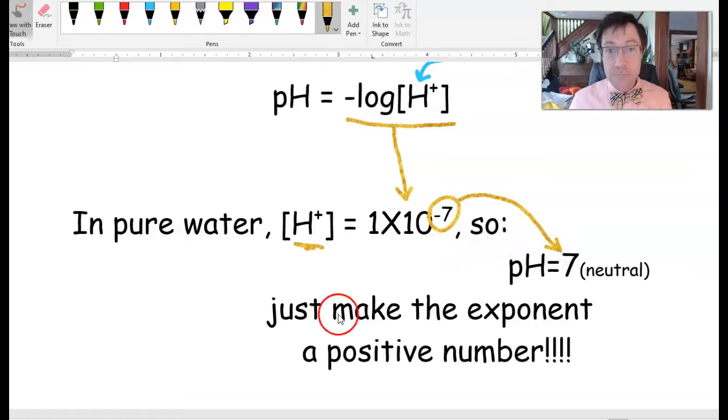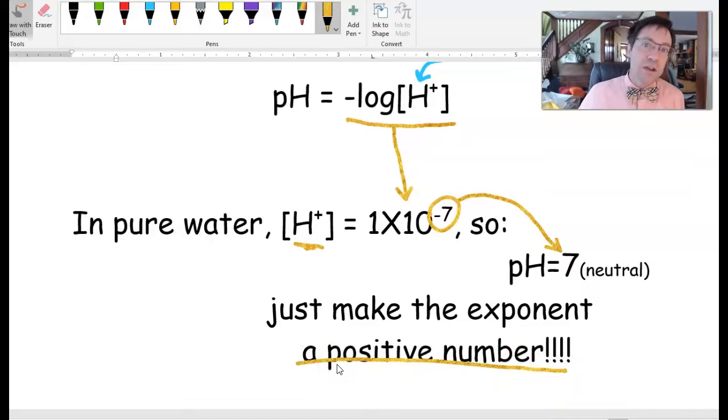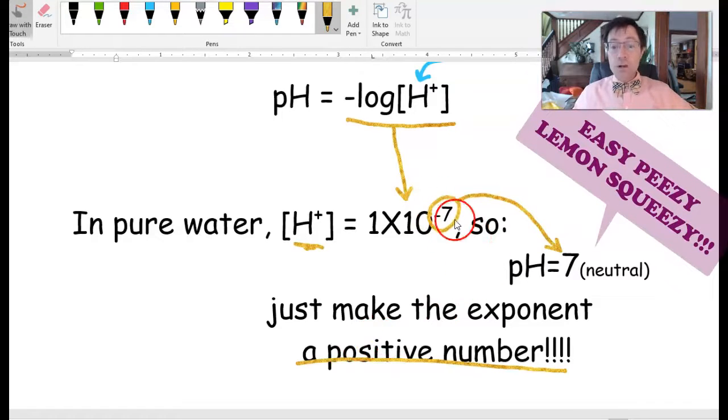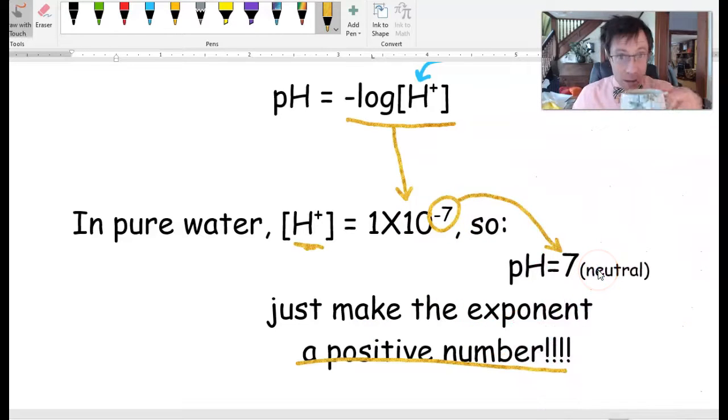That's it. Be happy. That's as far as we're taking it. We're not going to go crazy with numbers and whatnot. I just want you to have a basic idea of what the pH scale is even talking about. All you need to do is take the exponent of your concentration and make it into a whole number. That's all you got to do.